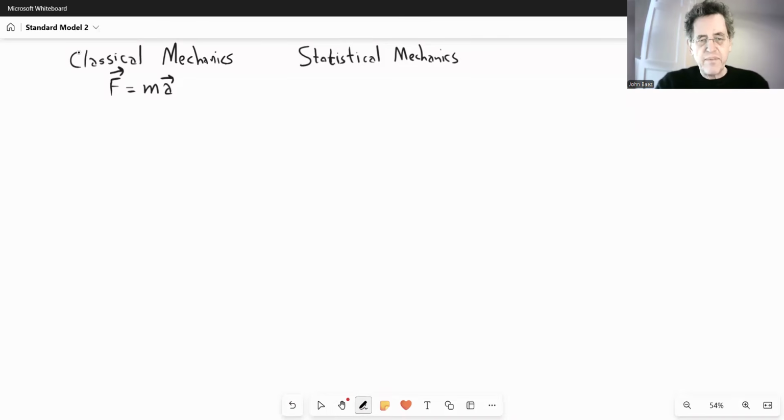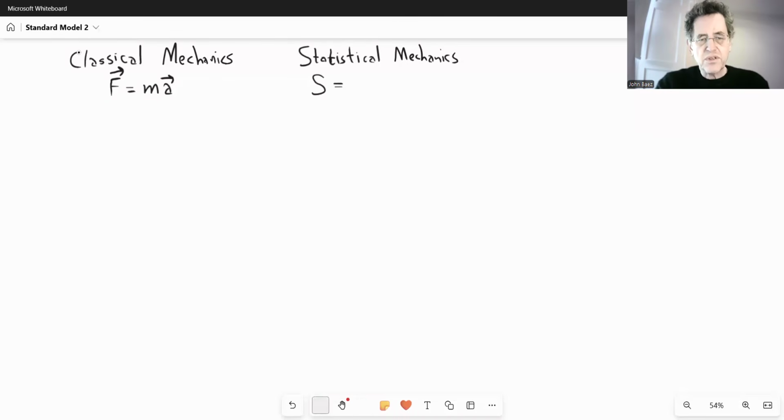So you calculate probabilities. And the basic tool for doing it was introduced by Boltzmann, which is a formula for entropy. Entropy, which for some silly reason is called S, is a measure of our ignorance of a situation.